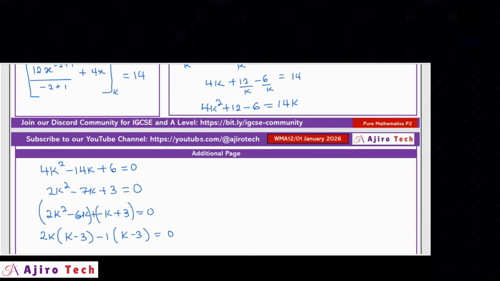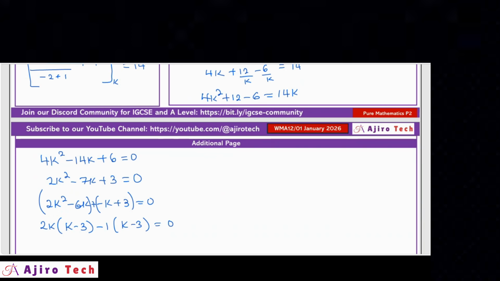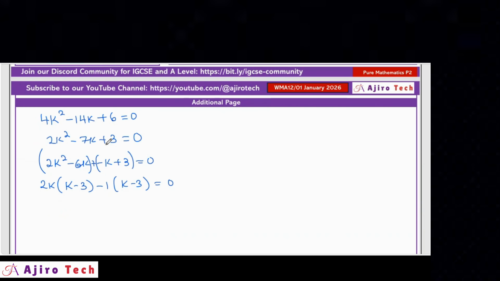So from here we have 2k minus 1 equals 0, or k minus 3 equals 0. So 2k equals 1, which means k equals 1 over 2, or k equals 3.